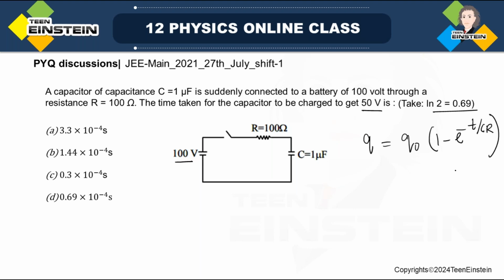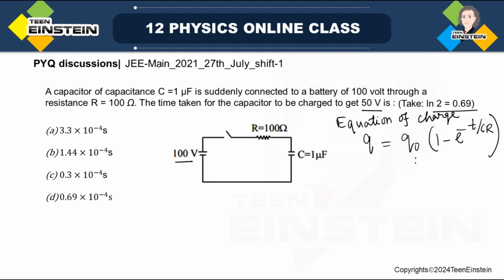So this is actually the equation of charging with time. Okay, how charge varies in the capacitor with time as you connect the battery through a resistor of resistance R. See, here you have been asked to find out the voltage.